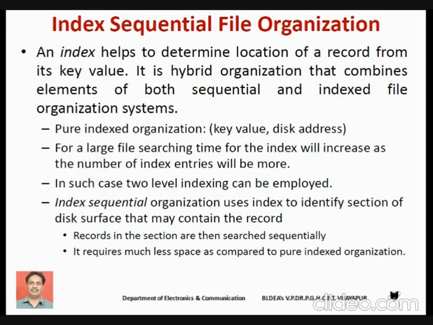Similarly, in the case of index files, we store the record number and its address in a table called the index table. If you consider these index files, we can say that it is a hybrid organization that combines both sequential and indexed file organization.